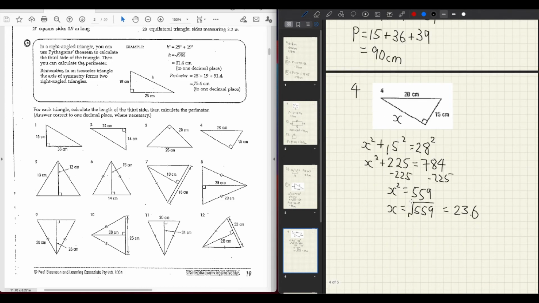Now we can work out the perimeter because we know the length of all three sides. So the perimeter is equal to 28 plus 15 plus 23.6.